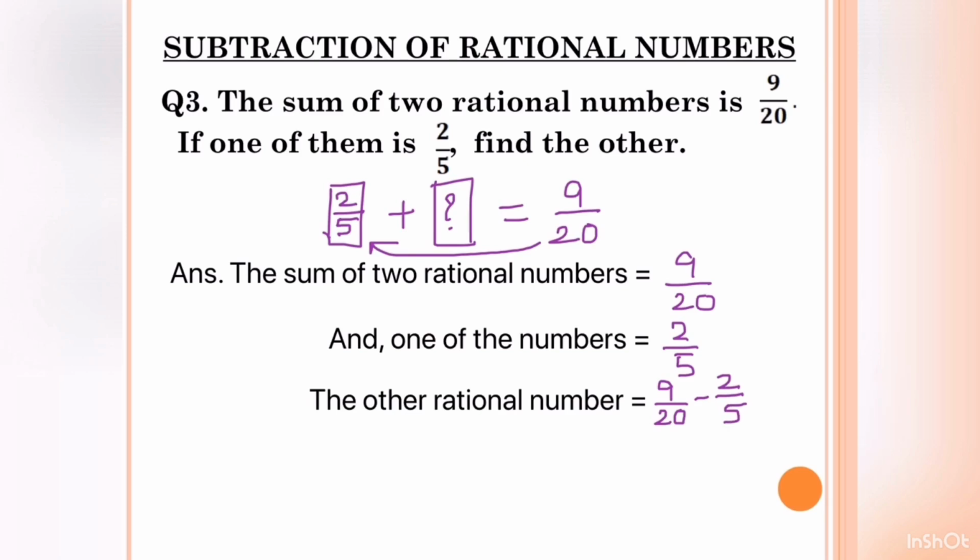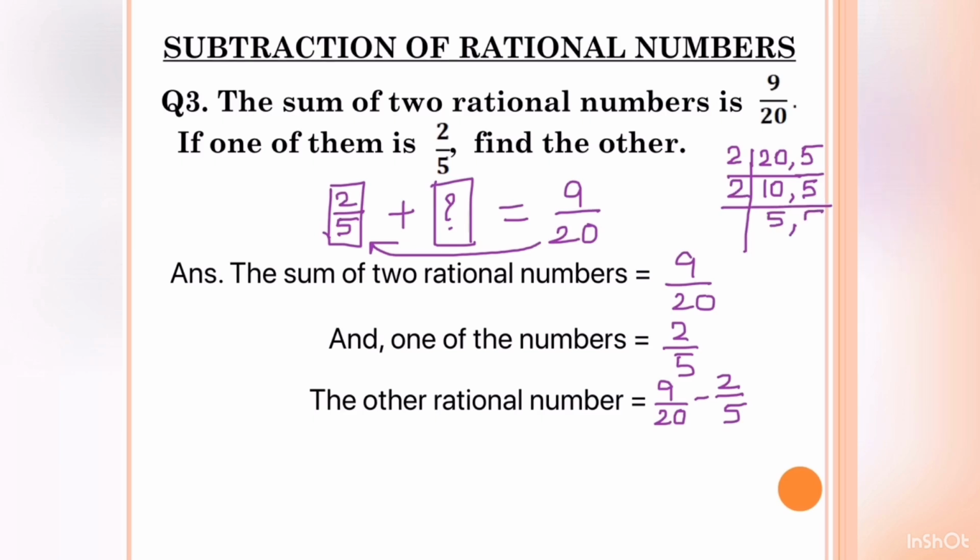Since the denominators are not the same, we will find the LCM of 20 and 5. First we will divide by 2. 2 times 10 gives 20. 5 is not divisible, so we will write it as it is. 2 times 5 is 10.